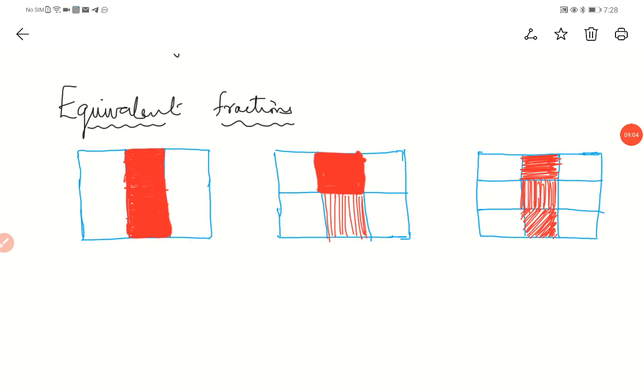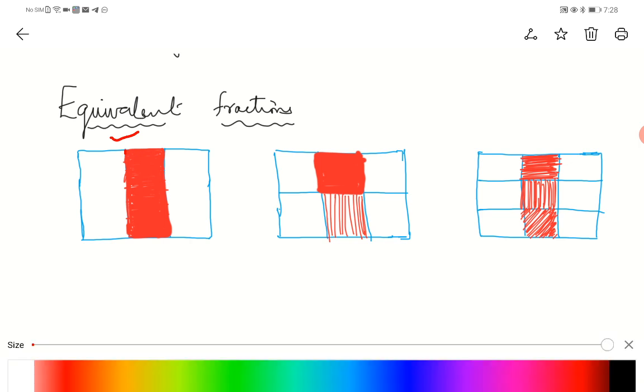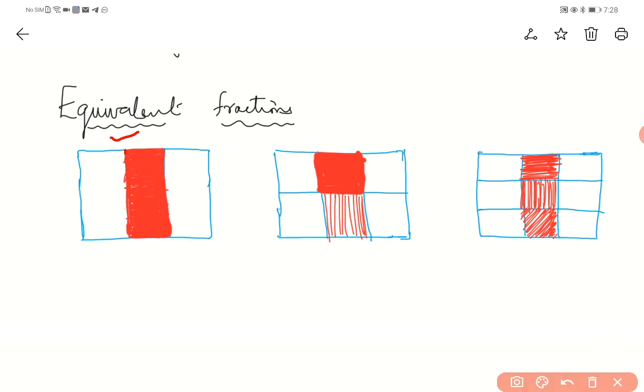Okay, today now let's see what your equivalent fractions are. Now look at these pictures and first tell me what this first one represents. I mean, what is the fraction for this? It is divided into how many regions? 3 regions, isn't it?